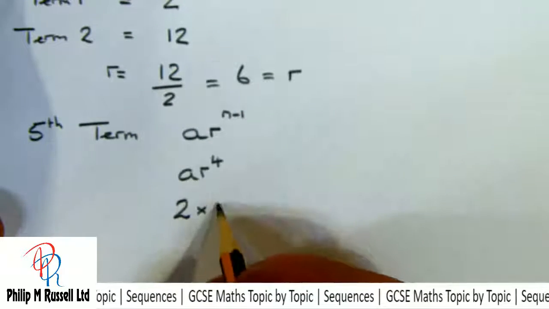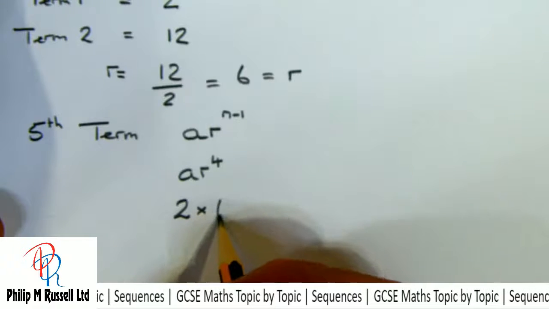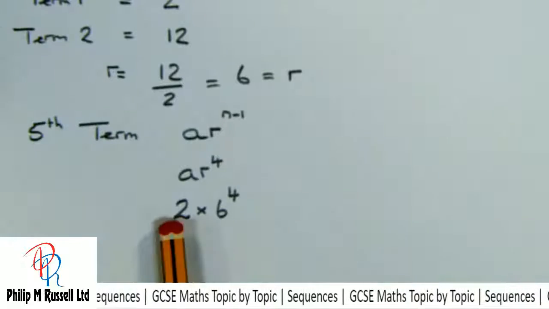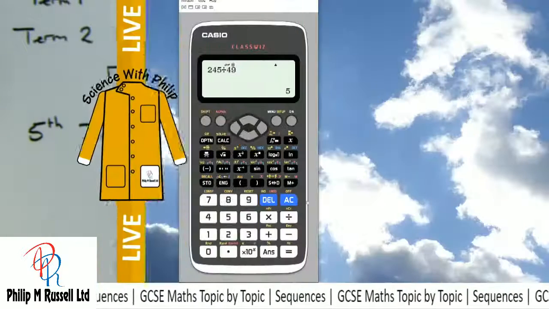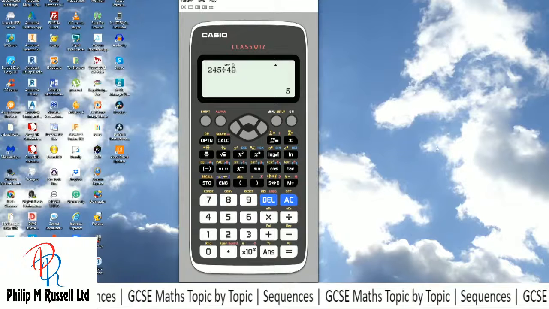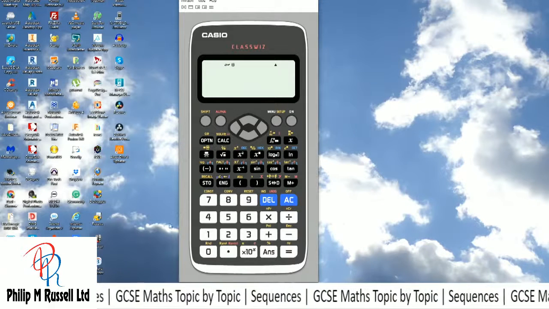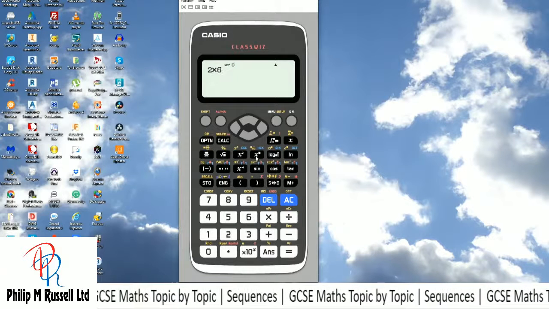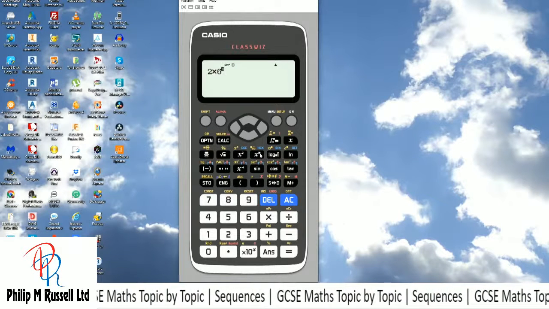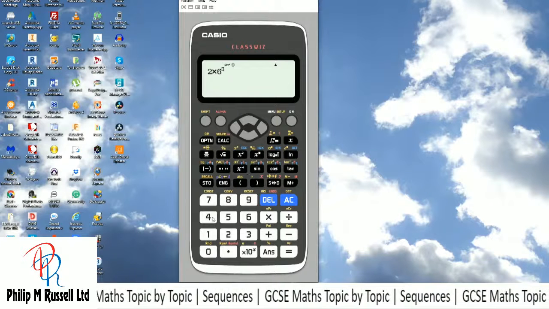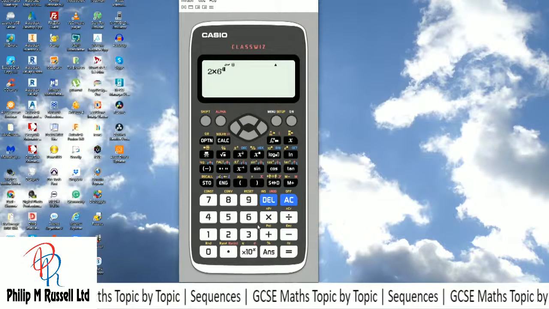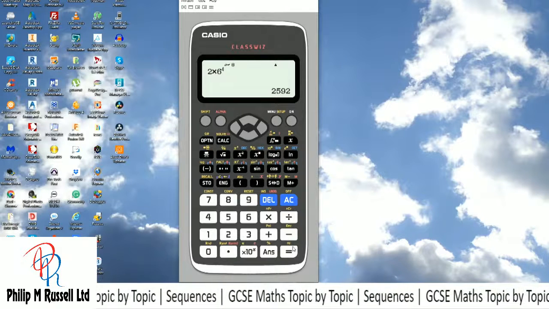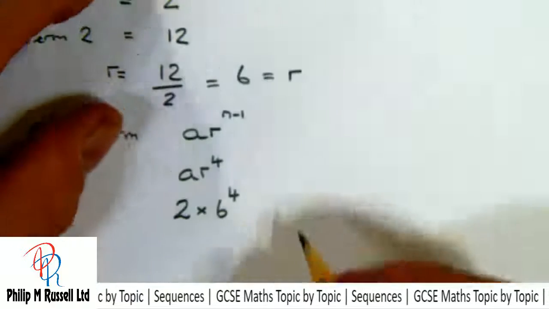We know what r is, which is 6 to the power of 4. So let's go across to the calculator and we can work that out. So we've got 2 times 6 to the power of, I'm using this one this time with the blank number, so I can put in here a 4, and we come out with our number, 2592.